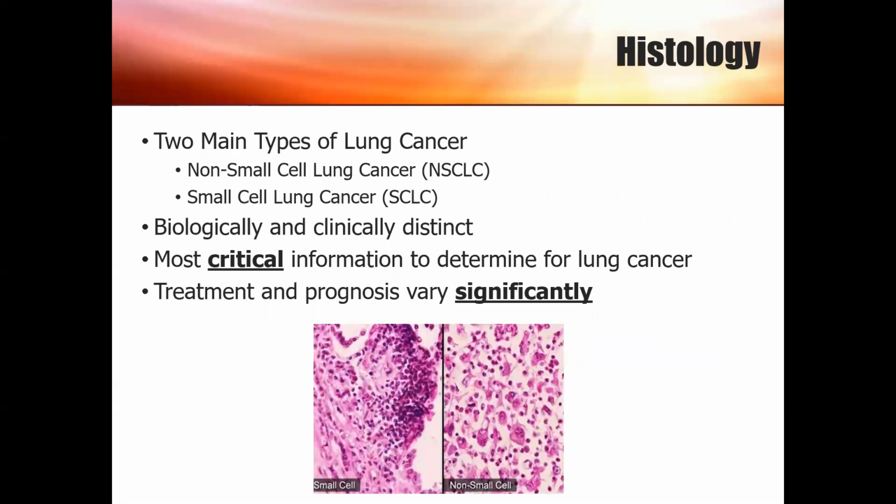There are two main types of lung cancer: non-small cell lung cancer and small cell lung cancer. You will see them identified by these acronyms as listed on the slide. They are biologically and clinically very distinct from each other, and that's why when they figure out survival by stage, they are separated.